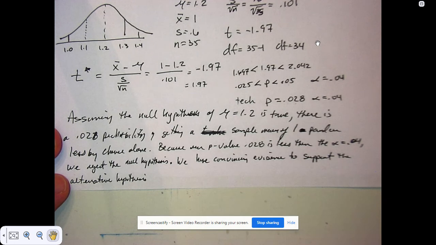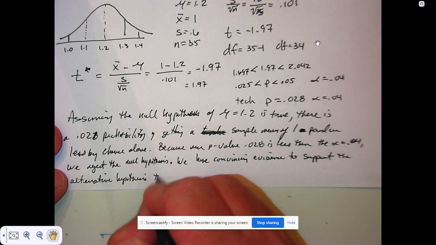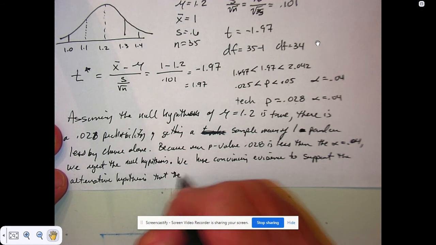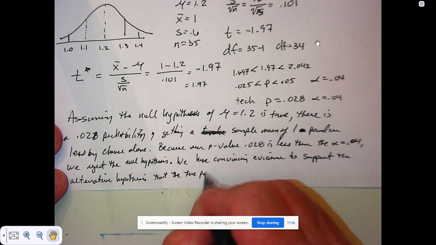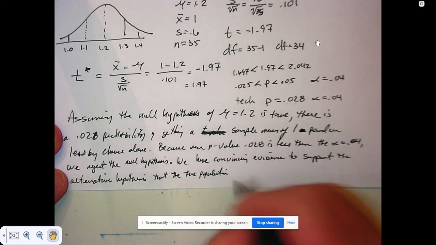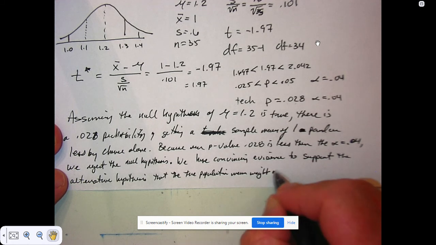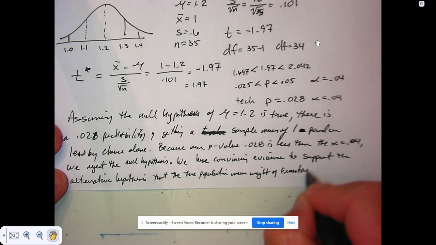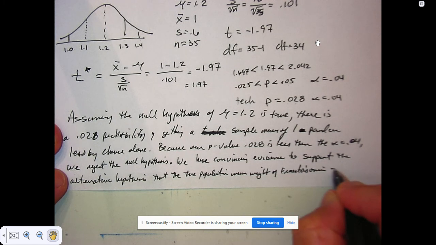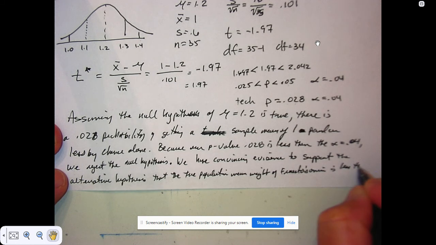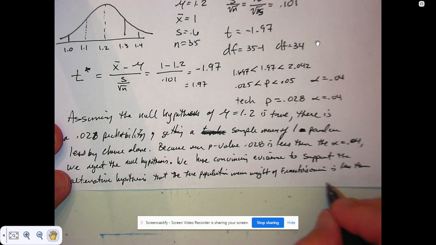Sometimes you don't need to name the alternative hypothesis. You can just put it in context. To support the alternative hypothesis that the true population mean weight of Ernesto's onions is less than 1.2 pounds.